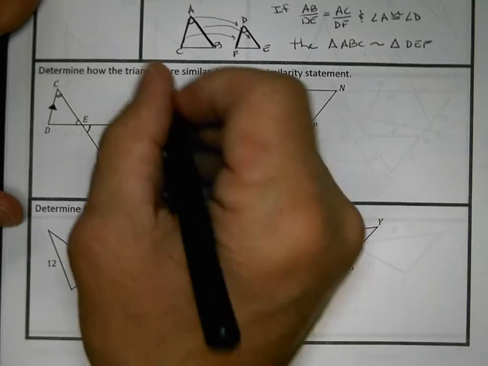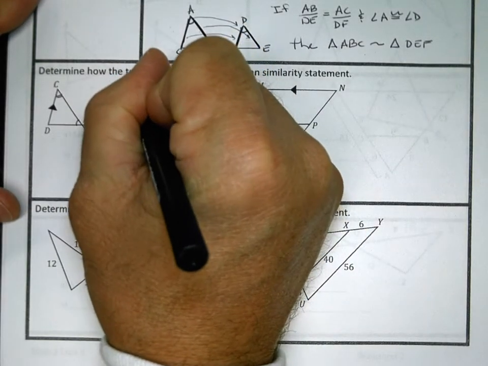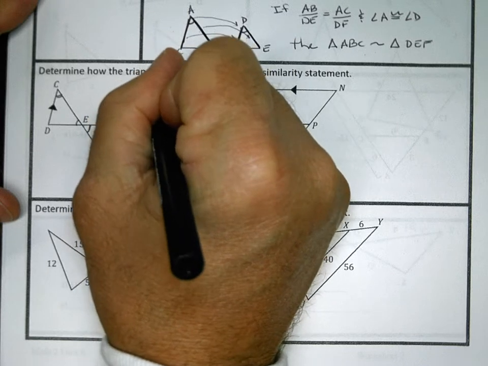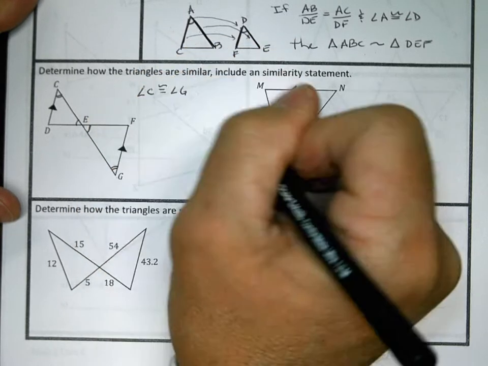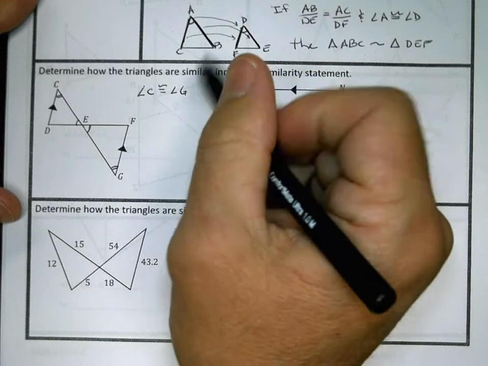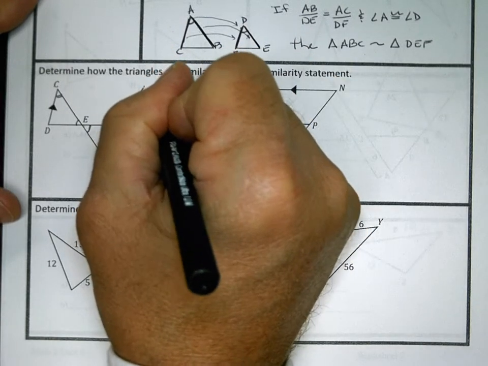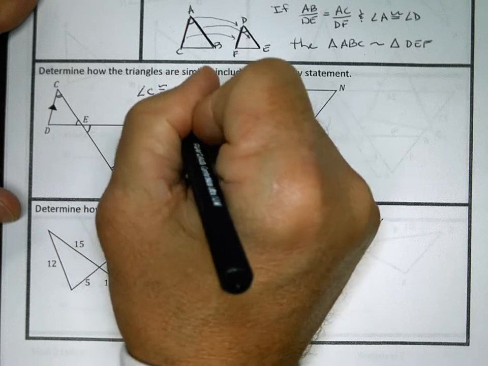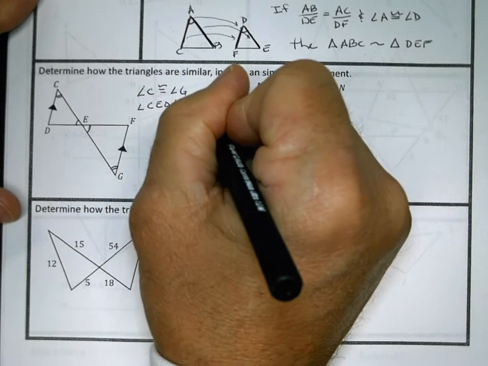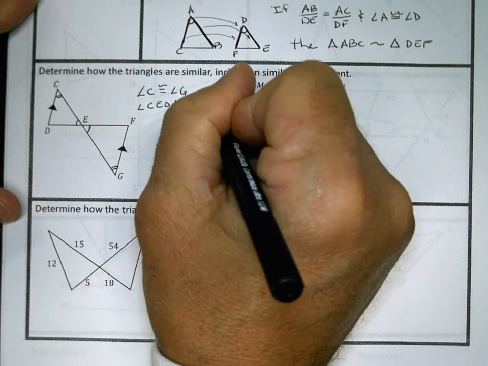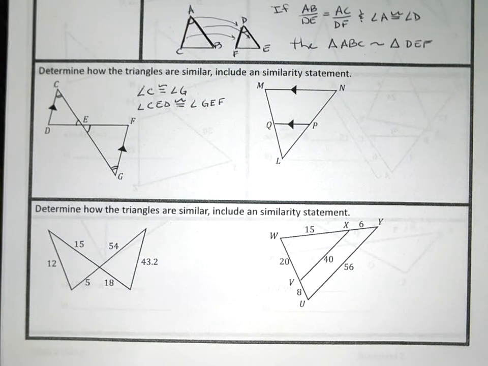So what we can say is angle C is congruent to angle G by alternate interior angles, and we can say that angle CED is congruent to angle GEF by the vertical angle theorem.